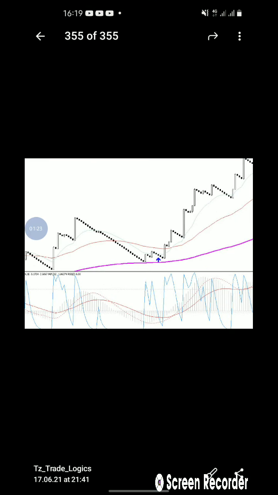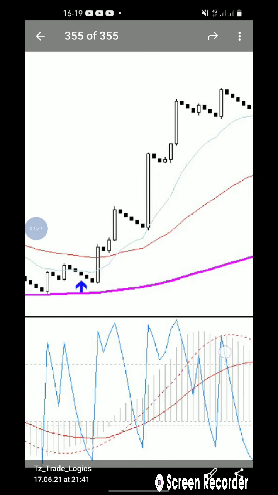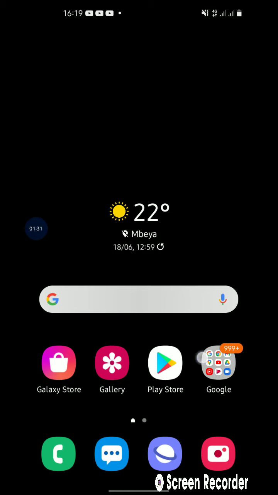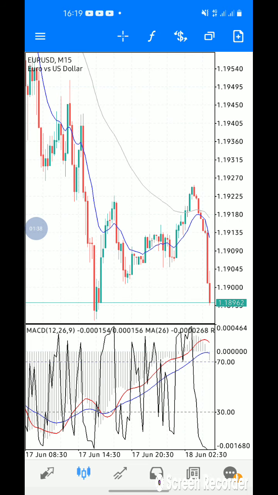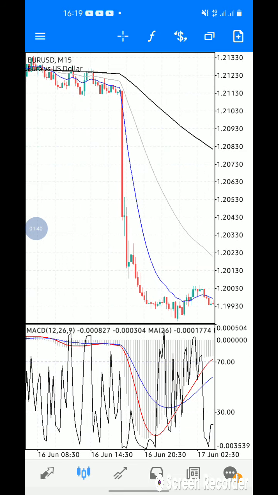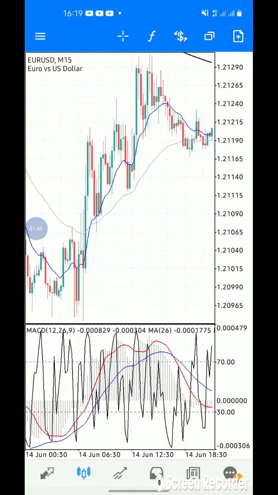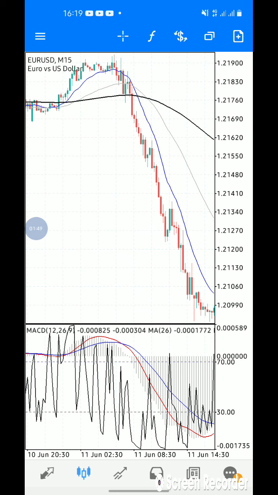Now, how do you get this similar setting on your mobile phone? The first thing, I head to the MetaTrader terminal on my mobile. As you can see, I have a similar setting, and guess what, it is not only applicable in Boom and Crash. You can use this same setup in trading other pairs.